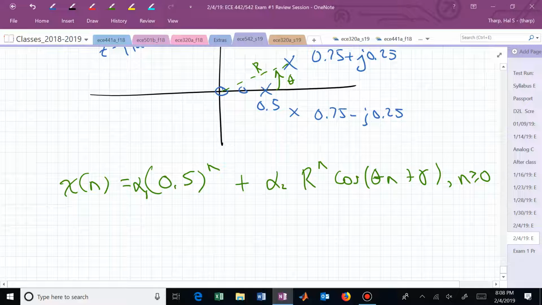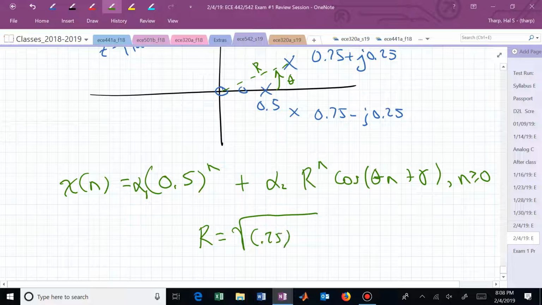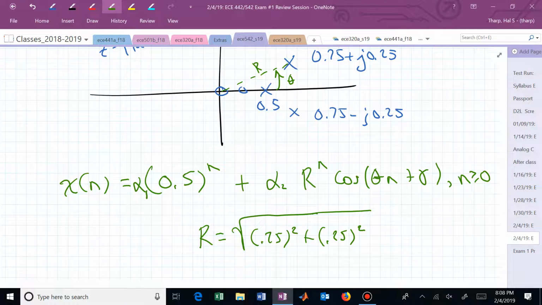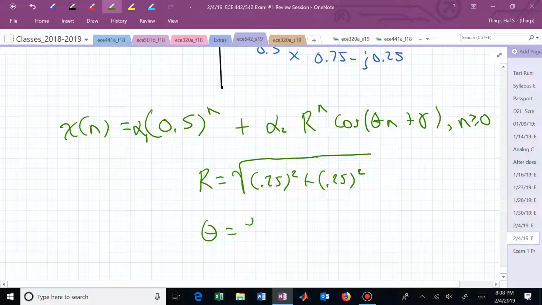And those pole locations now are some distance away from the origin and at some angle. So that the 1 is real. That has an exponential damping of 0.5. The r is now this square root of 0.75 squared plus 0.25 squared. And that's how you would find its response. And theta is the opposite over the adjacent.